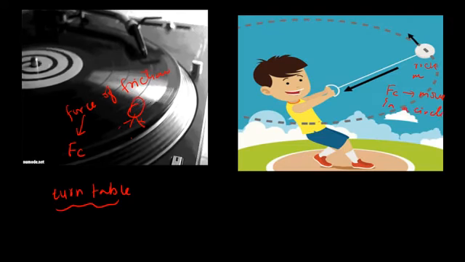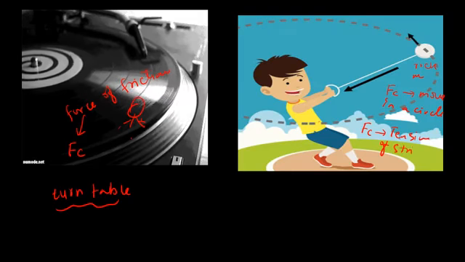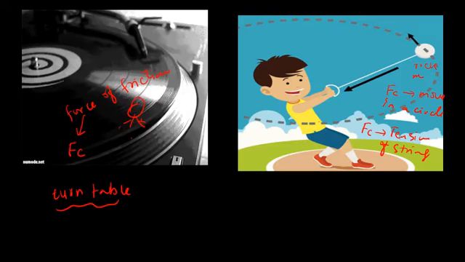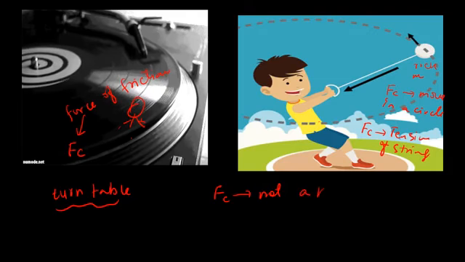So here the centripetal force is provided by the tension in the string. The tension of the string is providing the centripetal force to this rock to move in a circle. So from all these examples, we can say that the centripetal force is not a new kind of force.